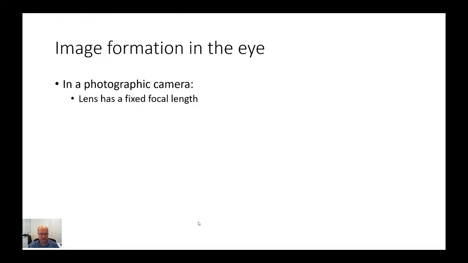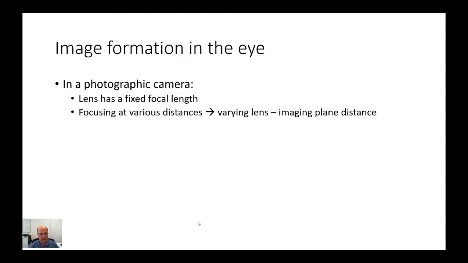Like in a photographic camera, just to pin down what we've just seen in that BBC documentary, the lens has a fixed focal length in a photographic camera, so for focusing at various distances, you change the distance of the lens to the imaging plane.